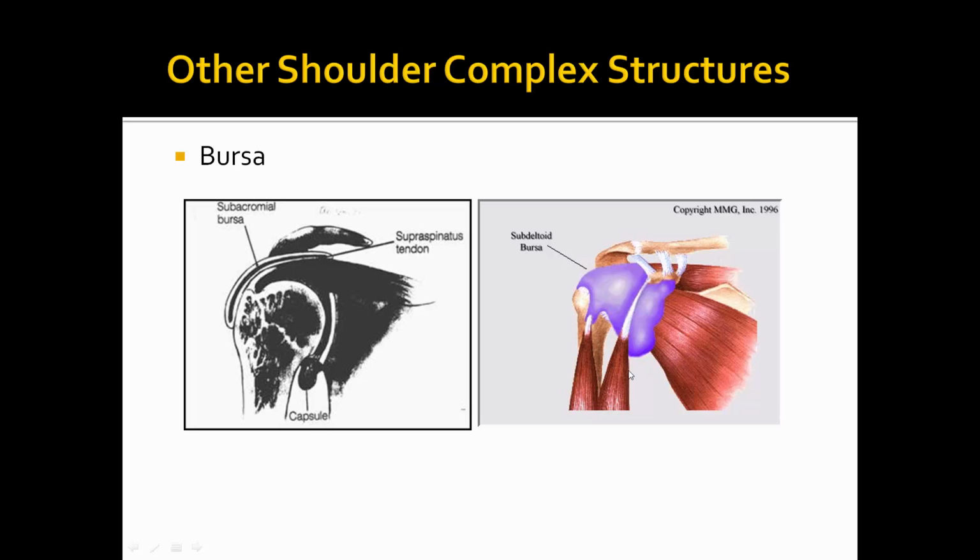It separates the supraspinatus tendon and the head of the humerus from the inferior acromion, coracoid process, coracoacromial ligament and deltoid. So that's why it's sitting here. As you can see in this right picture, the deltoid bursa or subdeltoid bursa is under the deltoid, and it keeps the deltoid off of these muscles here. Same thing for the subacromial bursa. It keeps the muscles here off of the supraspinatus tendon, which is one of the rotator cuff muscles.